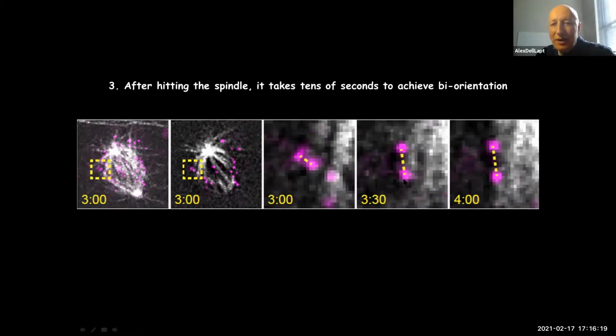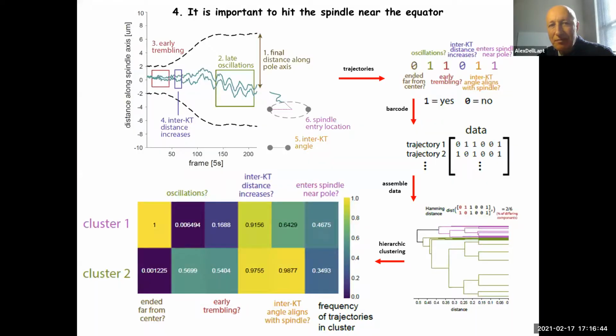So after the hit takes place, see the angle so far is wrong, but the hit starts and then the angle and the interkinetochore distance get aligned, and we got statistics of this time. It happens roughly over a minute. In the experiment, we predicted about 40 seconds, so it's a pretty interesting and dramatic confirmation of the model result.